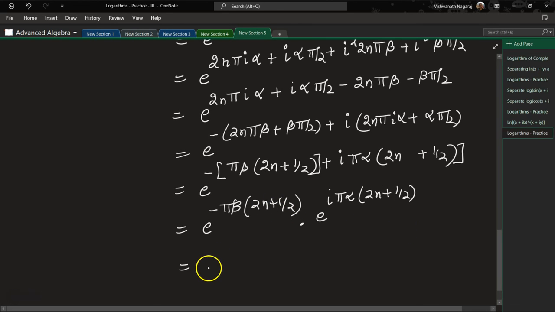Let's combine. So minus pi beta times 4n plus 1, and this by 2 can be taken out. Similarly, e to the power of i pi alpha 4n plus 1 by 2.